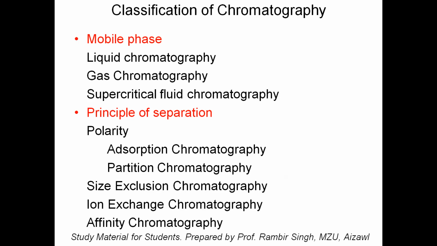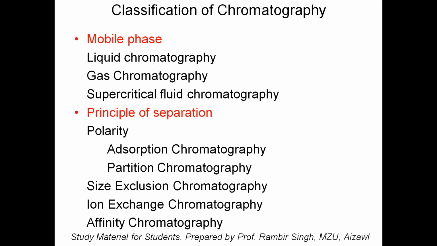This kind of separation is based on affinity, and it is highly specific. If I want to separate a particular antibody from a mixture, the ligand can be the specific antigen. A particular protein will attach to it, and the rest of the proteins will be flushed out.